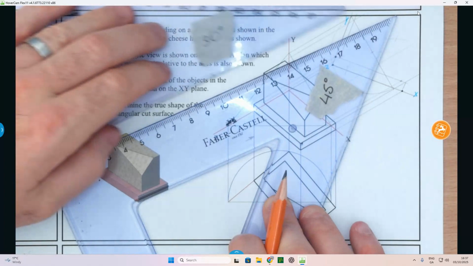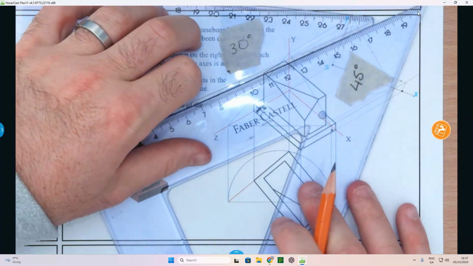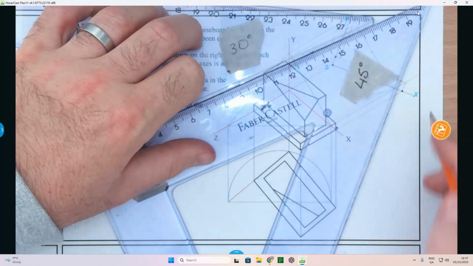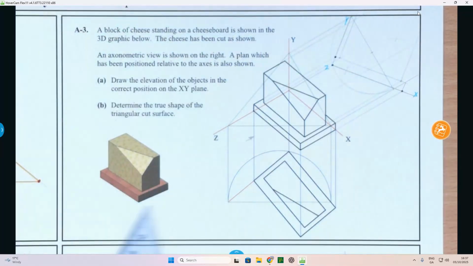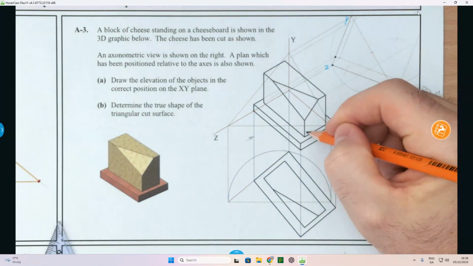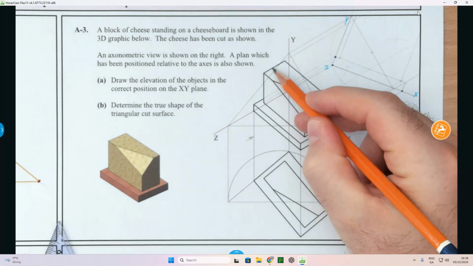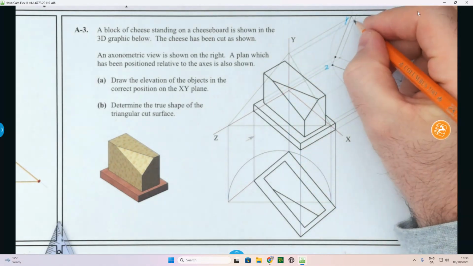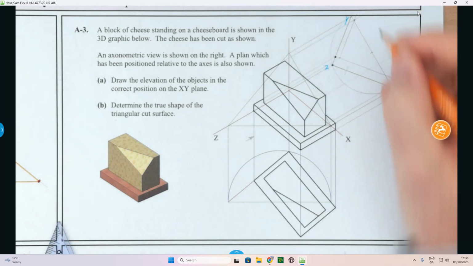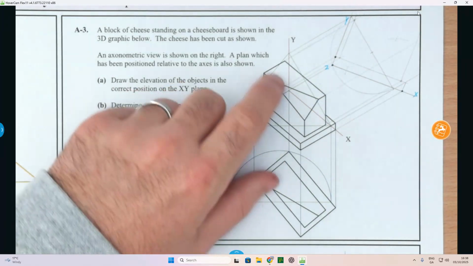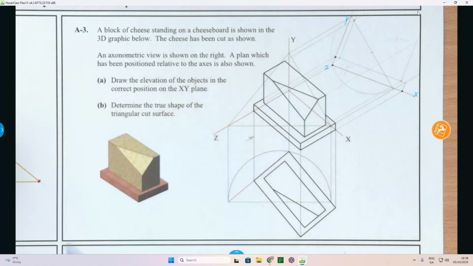Let's move this over so I can get this done properly. Very little tricky one. Excuse me. So now that I've got that, how do I determine the height of that face here? How do I find this height? So now that I have the line going in its right direction, if you follow this out, it's going to hit right there. So once again, that face there, the top surface, is parallel with the base.